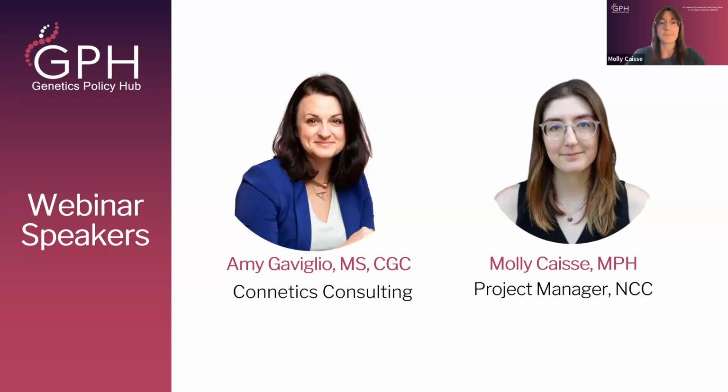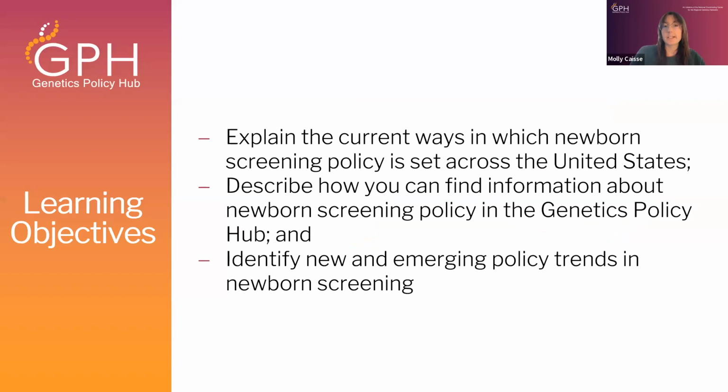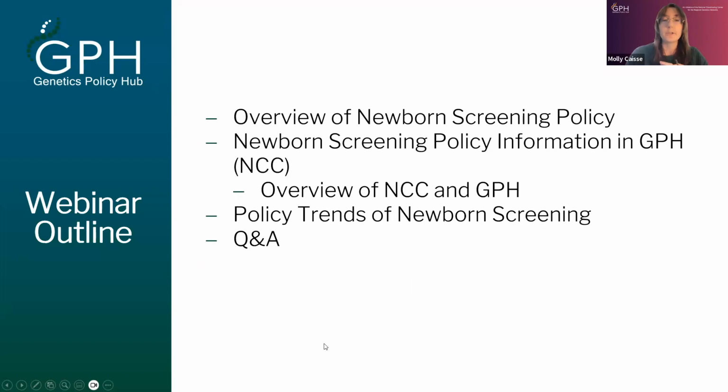So the learning objectives for today's Genetics Policy Hub webinar are to explain the current ways in which newborn screening policy is set across the United States, describe how you can find information about newborn screening policy in the Genetics Policy Hub, and identify new and emerging policy trends in newborn screening. To achieve those learning objectives, our webinar will start with an overview of newborn screening policy.